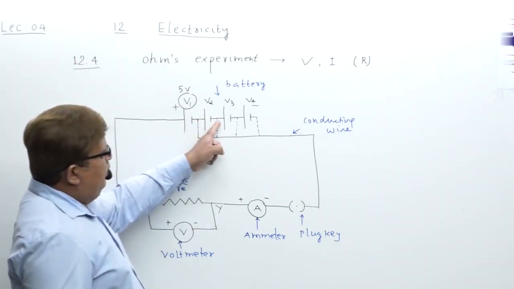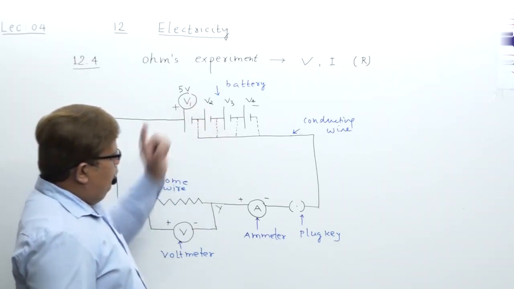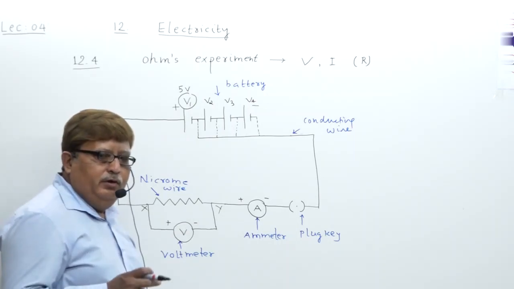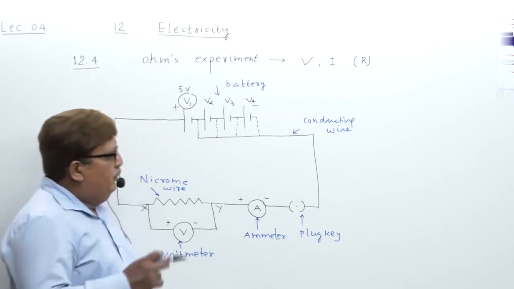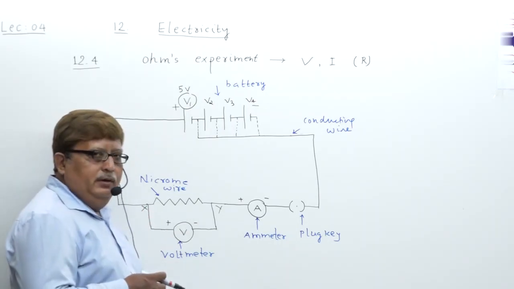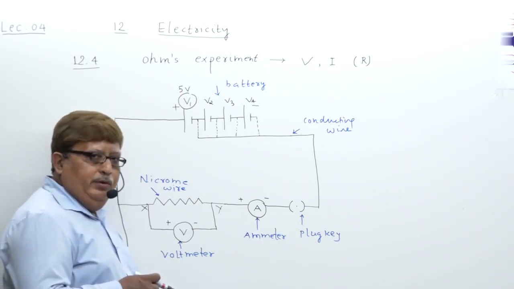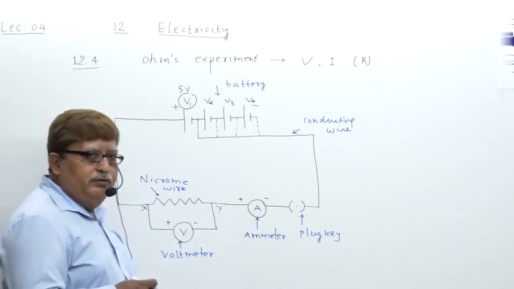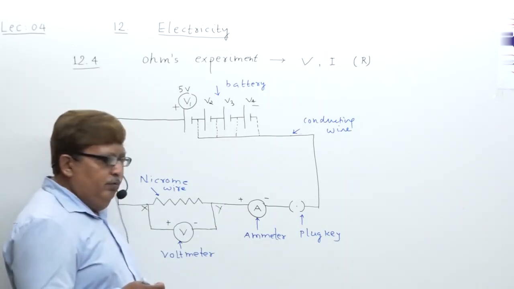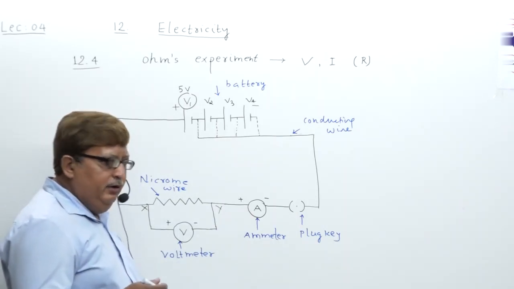Then 2 cells, it will show a potential difference of 10 volt. 3 cells, it will show a potential difference of 15 volt. 4 cells, it will show a potential difference of 20 volt.